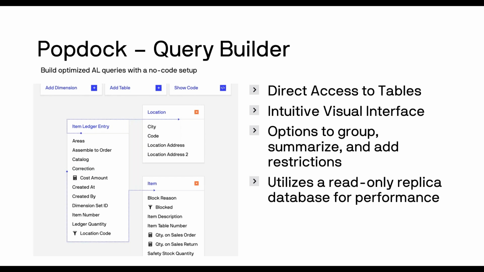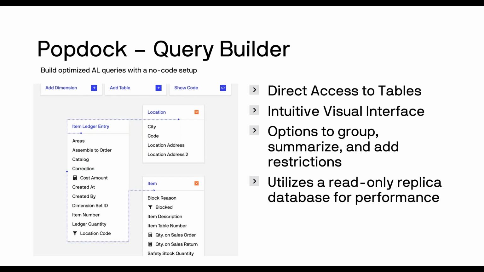There are additional ways to optimize the query. We give you the ability to do things like group together, summarize, and add restrictions to fields, just providing additional optimizations when you're building out your query. And the last thing that I like pointing out is we're utilizing a read-only replica database, which is a fraction of a second behind the production database for your Business Central environment. Where this really comes into play is that it's very helpful when it comes to performance.